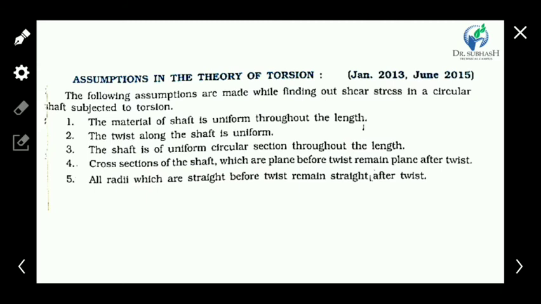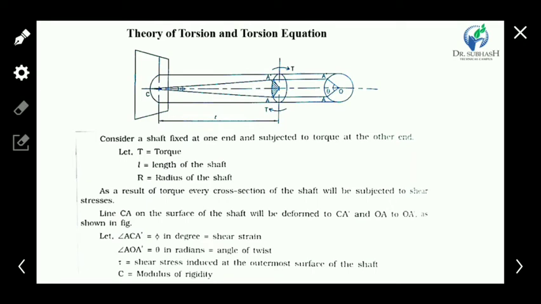Let's remember this, it's important and has already been asked in GTU. The diameter of the shaft is constant, the material is uniform, twisting along the length is uniform, and the cross section remains a flat plane before and after twisting.